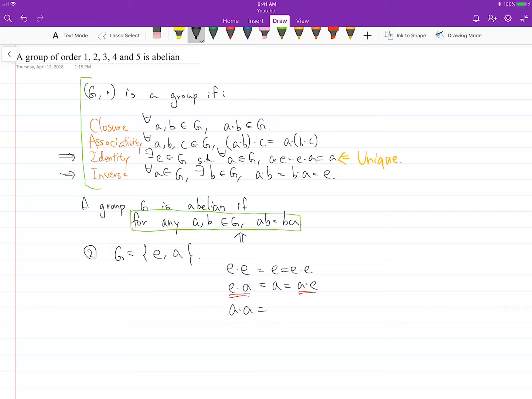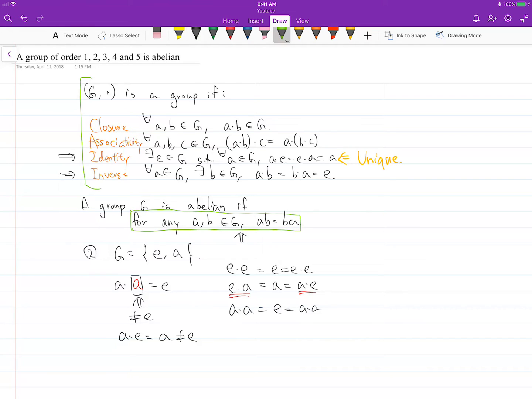So there has to be an element in G such that A times something is E. And this is clearly not E, because A times E is A, and we know that A is not E. So this element has to be A. And the reason for that is because we know that G is a group, so every element has to have an inverse. So we know that A times A is E, so A times A is, again, A times A.